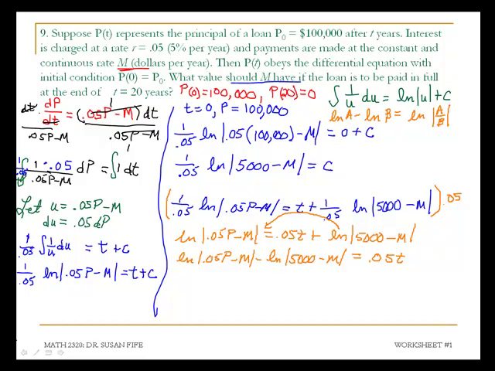I'm going to use that to combine my two natural logs on the left side of the equation so that my left side becomes natural log of (0.05 P minus m) over (5,000 minus m) equals 0.05 t.